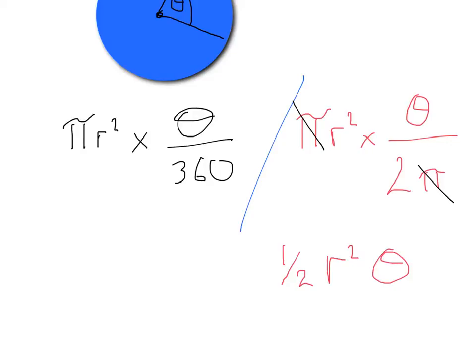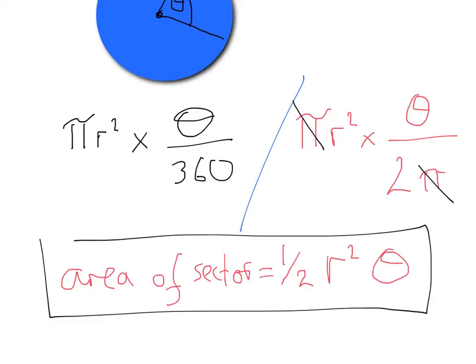So we can say this was the area of sector equals this. Again, box it. This is an important thing that you're going to need to use and apply. Area of sector is half r squared theta. And that's in the case that you're dealing with radians, your theta is a radian type question.